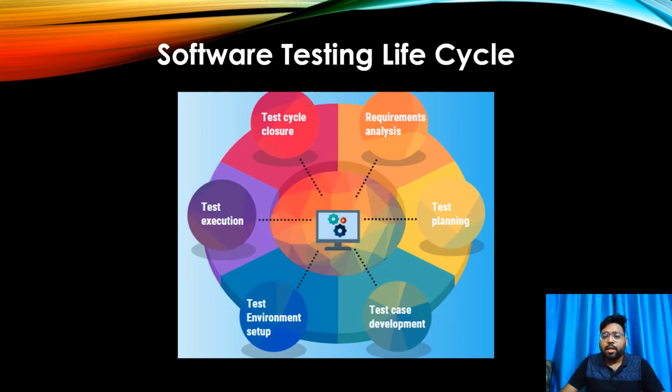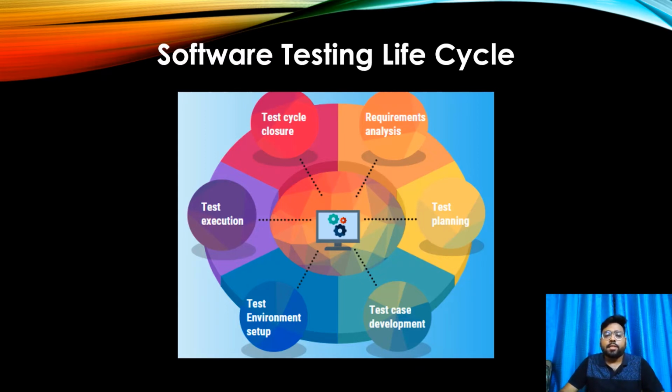Then comes test planning, where they analyze how to plan the test cases. Then test case development, where whatever scenarios and test cases are planned are developed. In the next phase, test environment setup, the environment is set up so that the test cases that are developed can be executed.